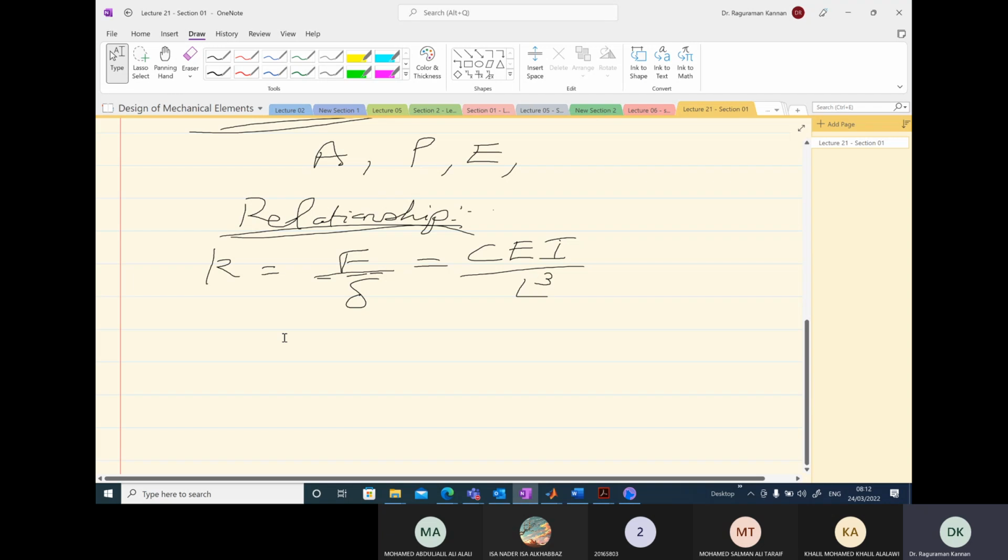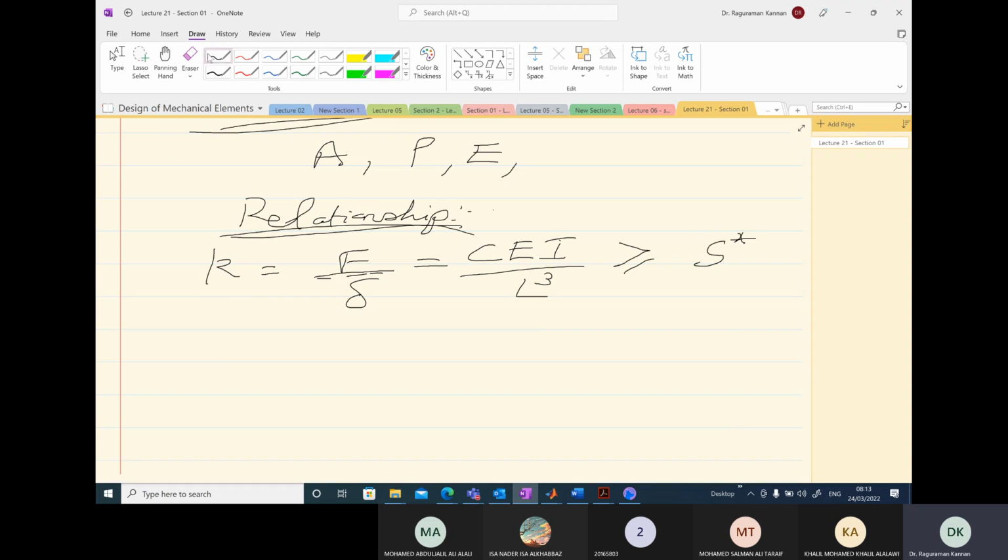You are directly given this relationship. Now this stiffness is supposed to be greater than or equal to some given stiffness value, because you want a stiff beam. How stiff the beam should be should be mentioned; the minimum stiffness should be S star for the beam.